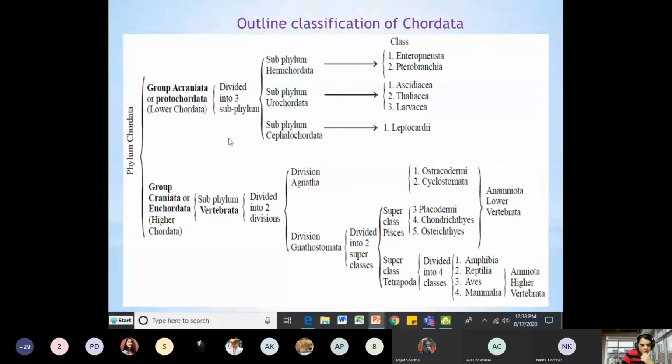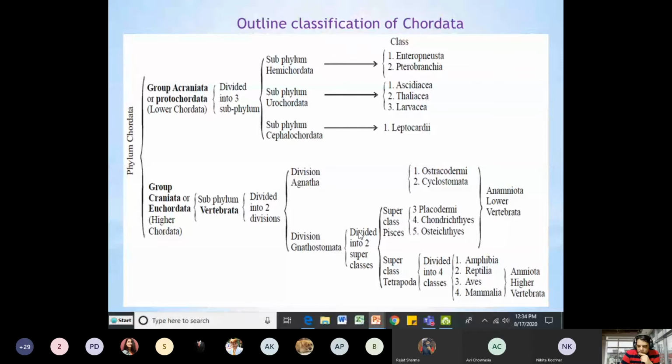The protochordates are also divided into three subphyla, Hemichordata, Urochordata, and Cephalochordata, with the same classes proposed by Young. Then the group Craniata also has one subphylum, subphylum number 4, and it has two divisions, Agnatha and Gnathostomata. Agnatha has two classes, Ostracodermi and Cyclostomata. Then Gnathostomata has two superclasses.